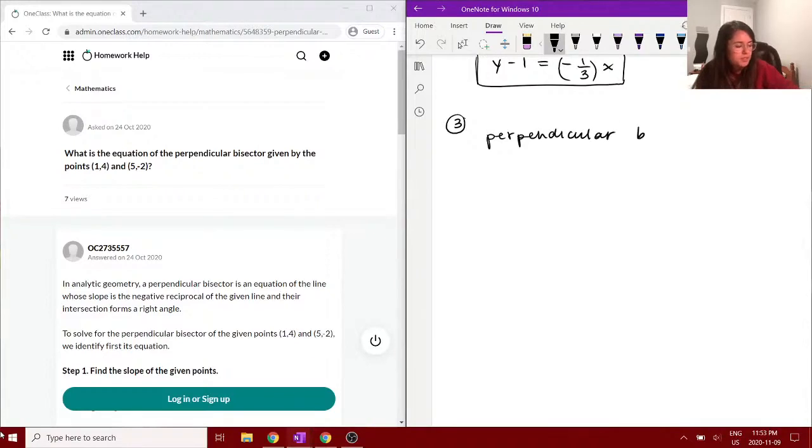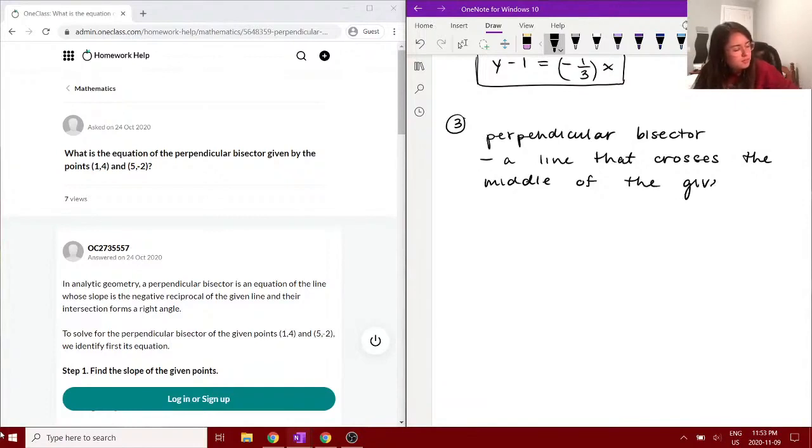Perpendicular bisector. So that's a line that crosses the middle of the given line at a 90-degree angle.